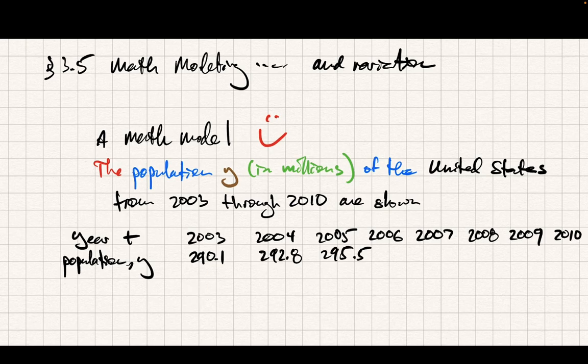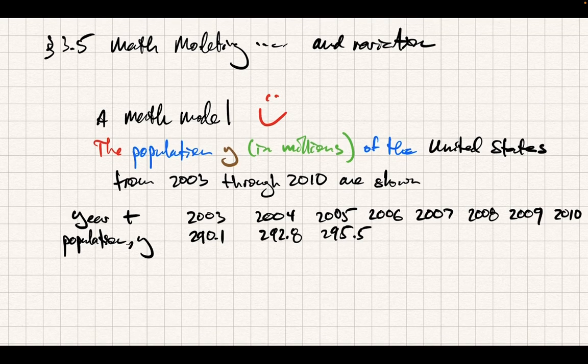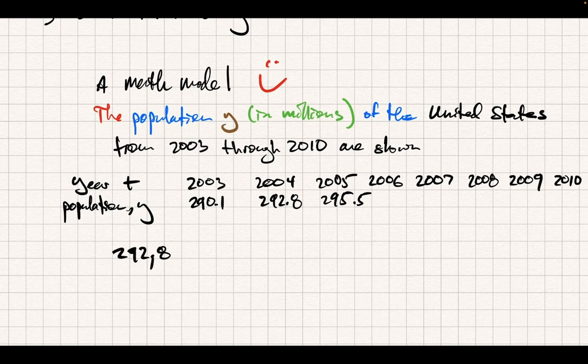So if I get an answer and I say what is the population in 2005, would you write your answer as 292.8 and put a box around it and be done? No, that would be crazy. What would you do? I would say 292,800,000. So you could say 292, comma 800, comma 800.